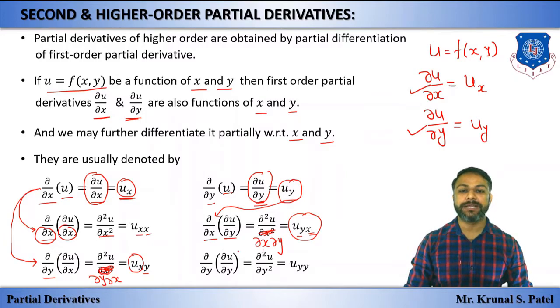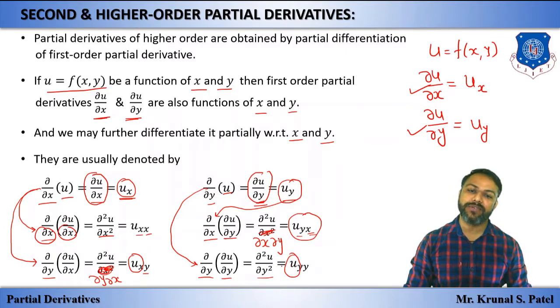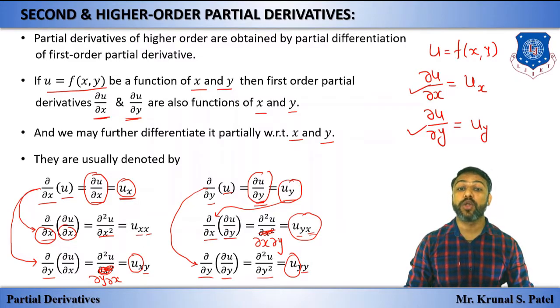Okay, same way, if we differentiate this term with respect to y, we have del by del y of del u by del y, that means del square u by del y into del y, that means del y square. So we have uy, and again we are differentiating with respect to y, so multiply only y. So these are the notations.